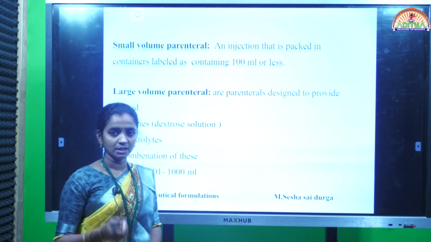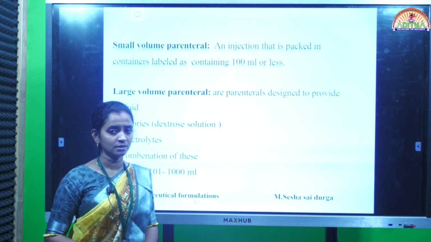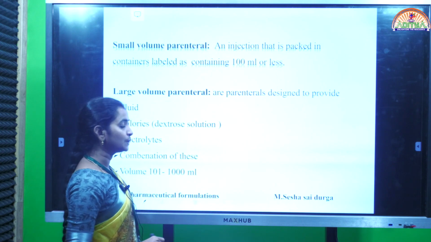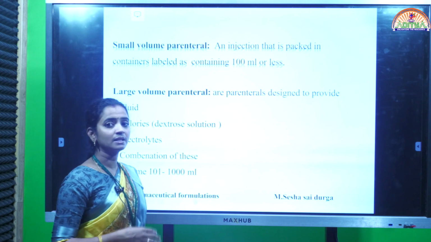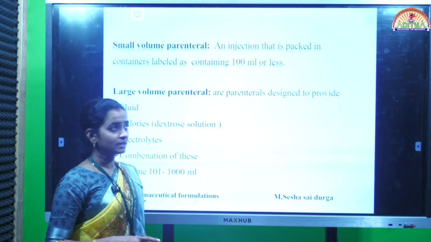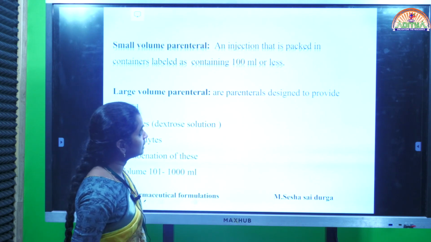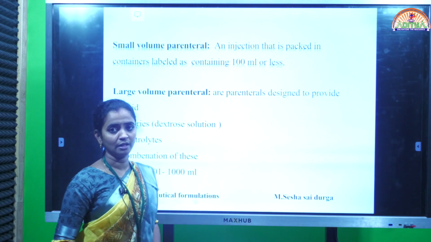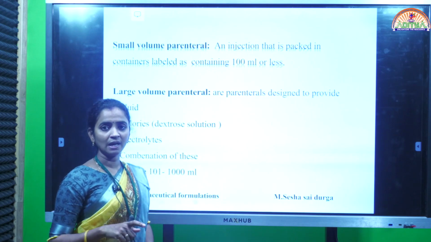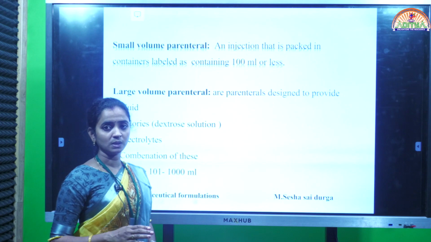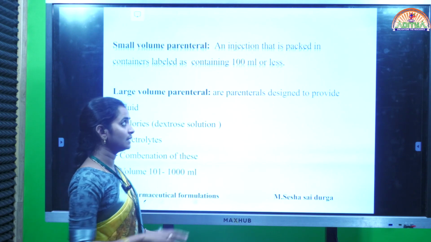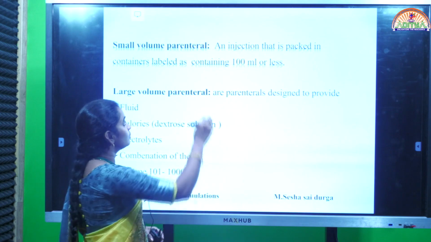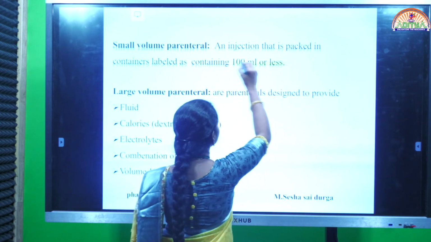So a normal injection which is given through the parenteral route, and here the dose depends on its volume. The parenterals are divided into two classes. First one, 100 ml or less than 100 ml. So if the formulation has a dose volume of 100 ml or less, then we can say it comes under the small volume parenterals.